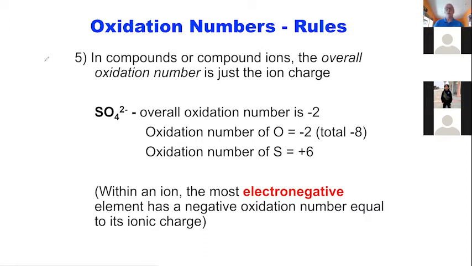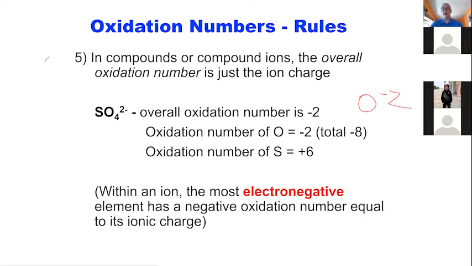Well, you start with oxygen. Oxygen is almost always going to be -2. Why? Because it's super electronegative. The only element that's more electronegative than oxygen is fluorine. So if oxygen is bound to anybody else, it's going to be stealing those electrons from the other element and claiming them for itself. So oxygen is almost always -2.